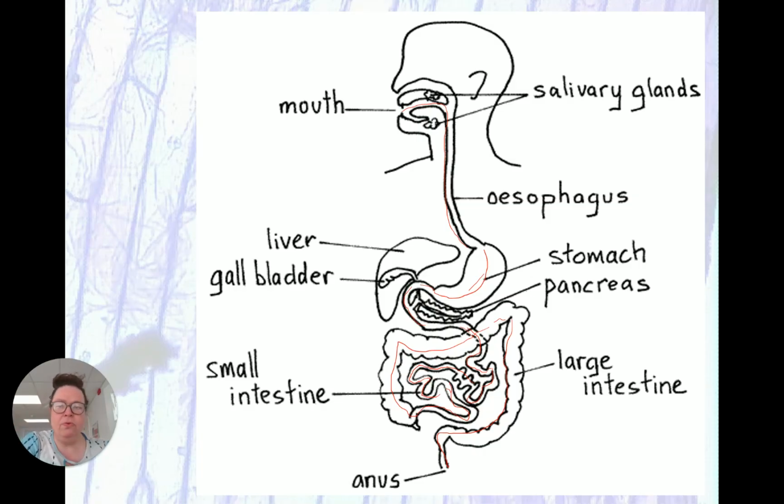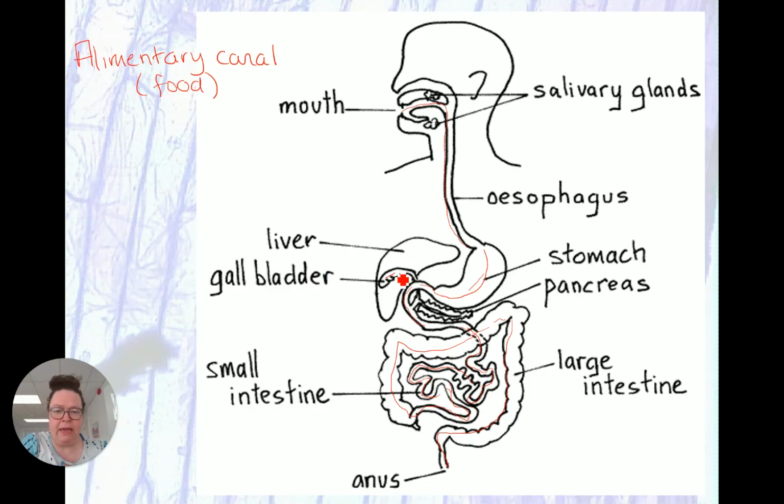Now this is called, I'll put it up here, alimentary canal, basically the food canal. Now we do have the pancreas involved in digestion, as we do the gallbladder, but the food does not go through them, but they will secrete or empty things into the small intestine.